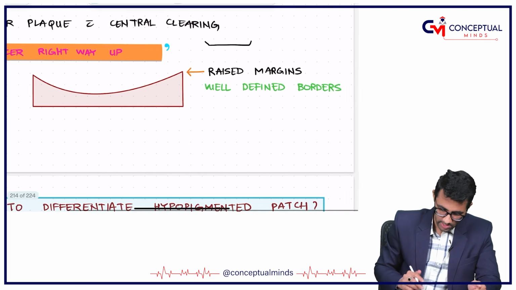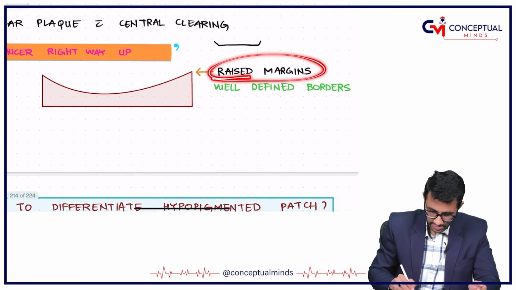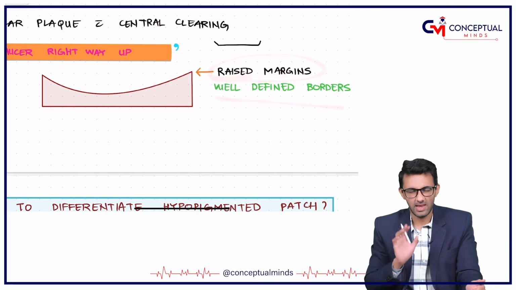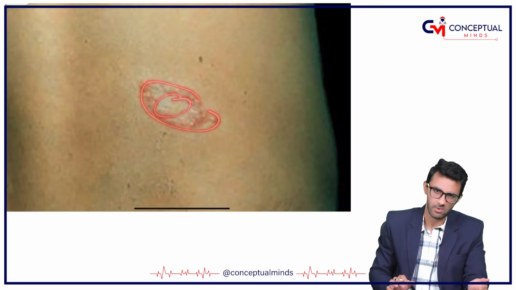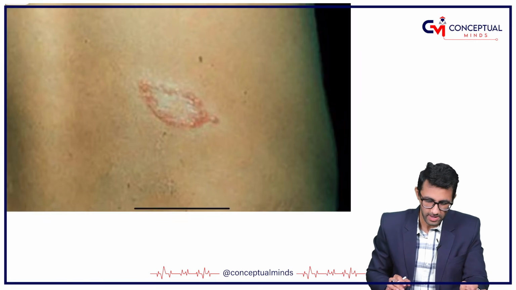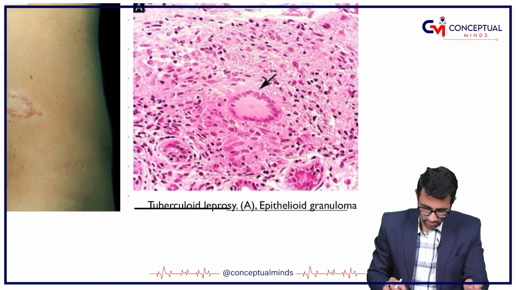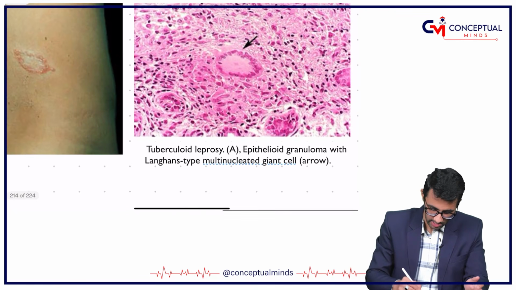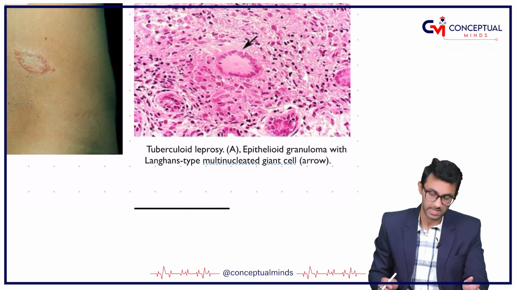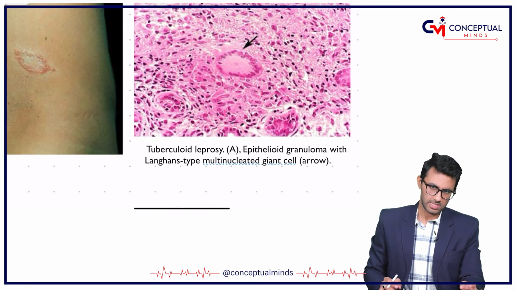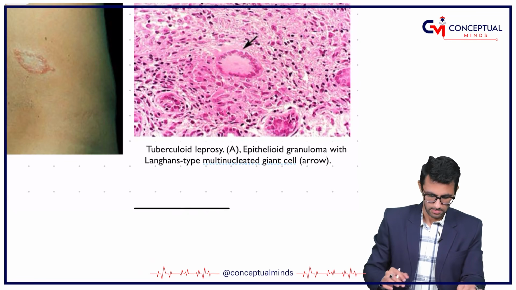So definitely we can see over here there are raised margins and well defined borders. Very simple. How about this? This is the granuloma we see, the horseshoe shaped granuloma, and over here we have the multinucleate giant cells. Very classical for this disease.